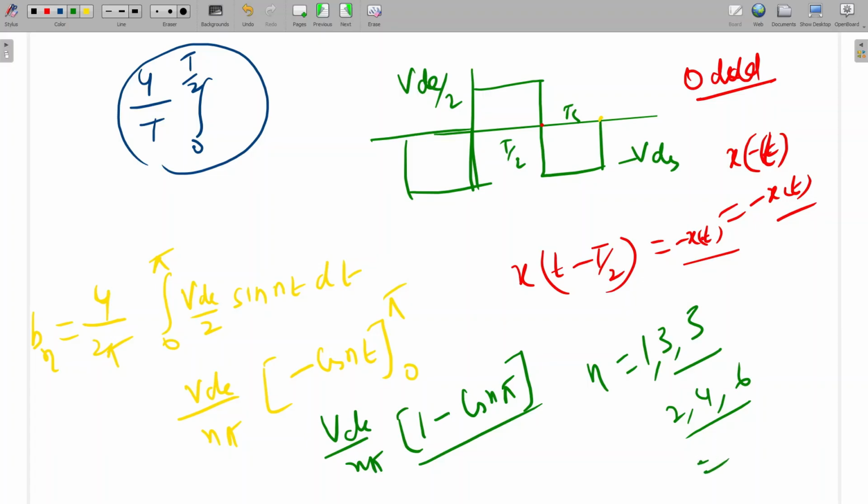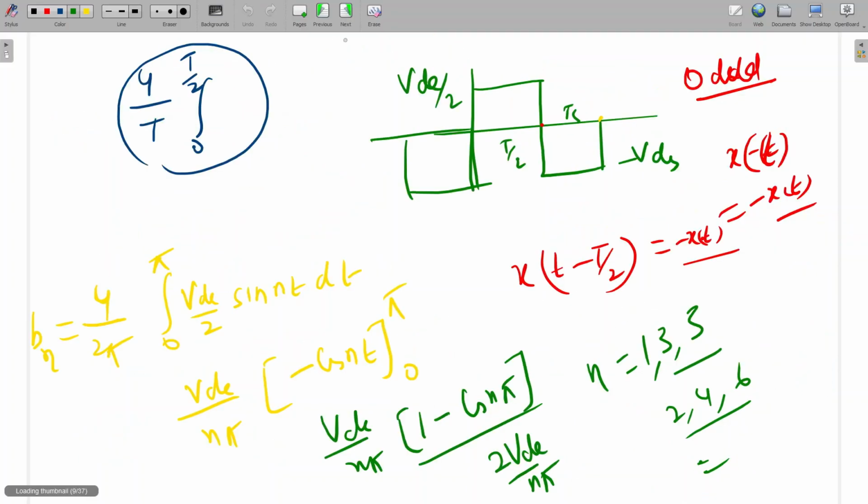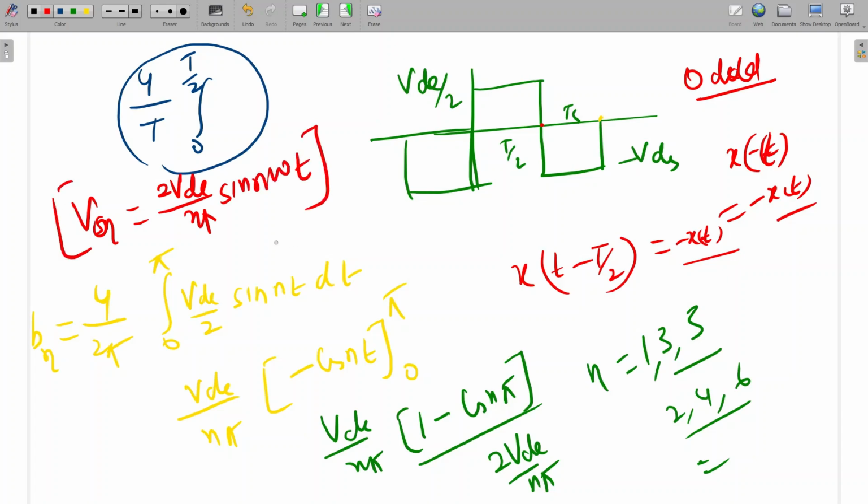So for 1, 3, 5 it will be 2 VDC upon n pi. This is what I have written here. The Fourier will be Vs of n equal to 2 VDC upon n pi sine n omega t. It is non-zero only for 1, 3, 5, and for 2, 4, 6 it will be 0.